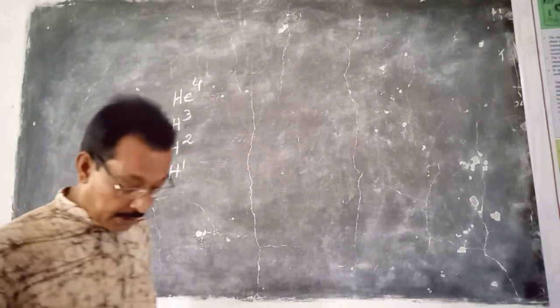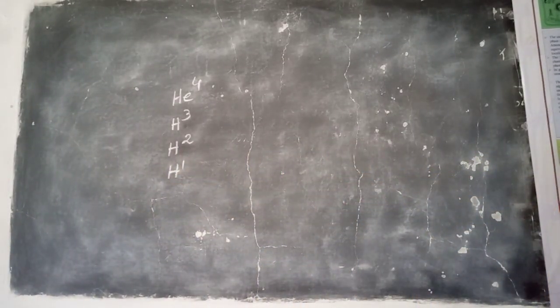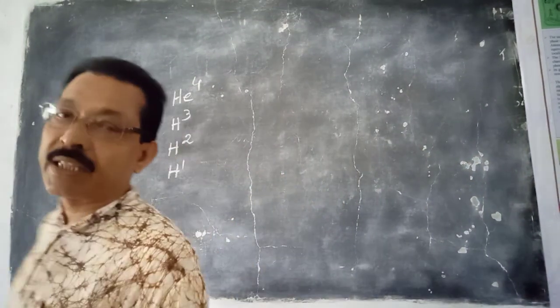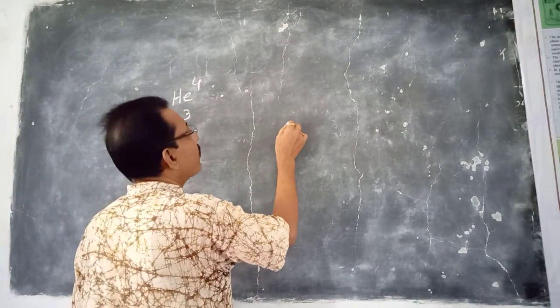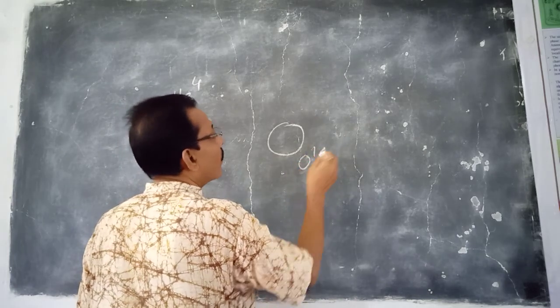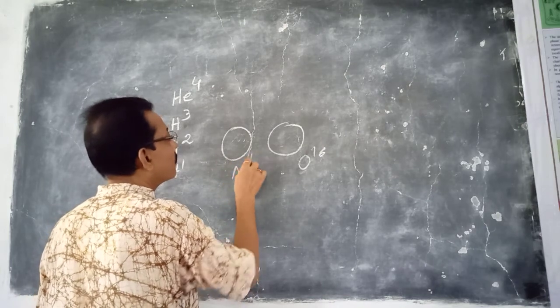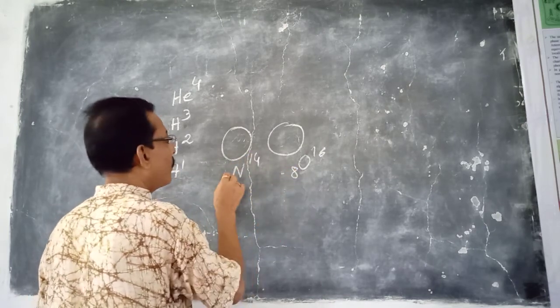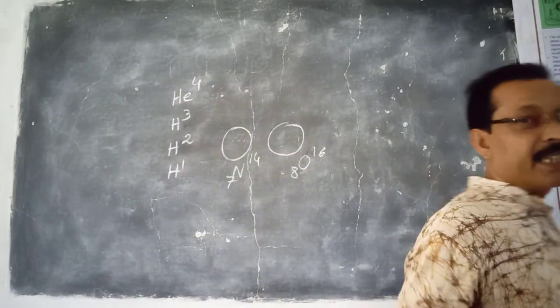But there is no formal theory which predicts the binding energy of a nucleus except for very light nuclei. The nucleus consisting of many nucleons, let us suppose heavier nuclei, say oxygen-16 or nitrogen-14, is very complicated in nature.